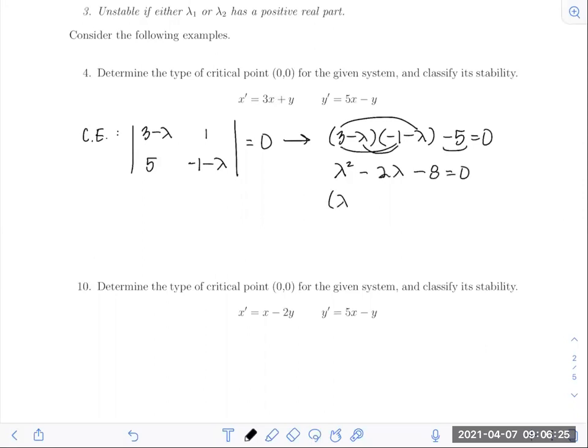So this factors to lambda minus 4, lambda plus 2. And so for my eigenvalues, I get 4 and negative 2. All right, so at this point, I should be able to classify both the type and stability of this critical point.